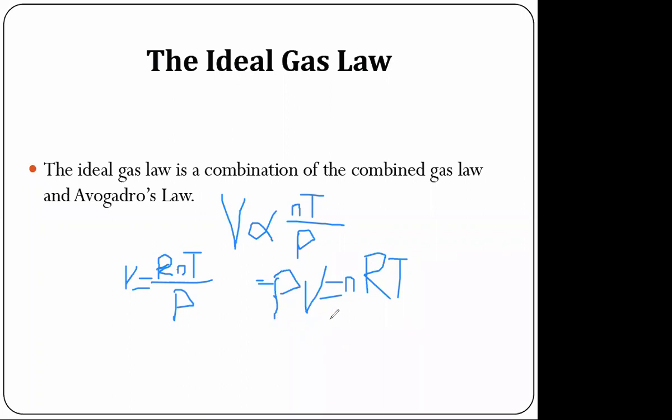This is the ideal gas law that came out of the combination of Boyle's law, V is inversely proportional to P; Charles' law, V is directly proportional to T; and Avogadro's law, V is directly proportional to N. The constant of proportionality is R, that is called the ideal gas constant. The ideal gas constant, the combination of the three.